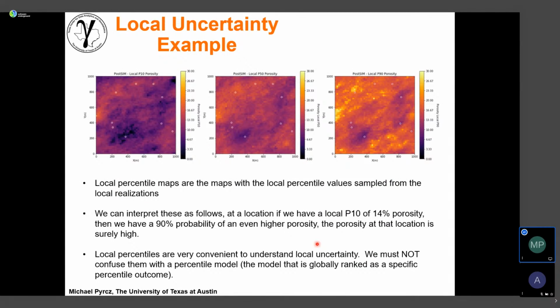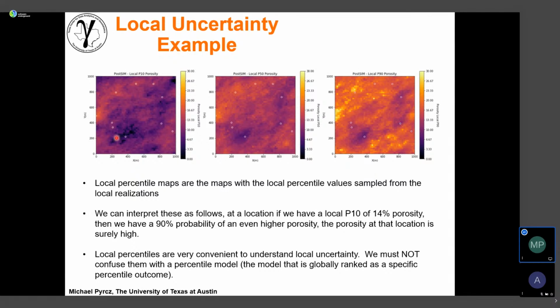Now we can also do local uncertainty. Remember where I showed the local percentile values. Now, when I do this, look very carefully here. It's labeled as local P10 model. What does that mean? It's not the P10 model, okay? Because the P10 model would be based on some type of criteria globally. This is at every single location. I took the P10 outcome from all the realizations.